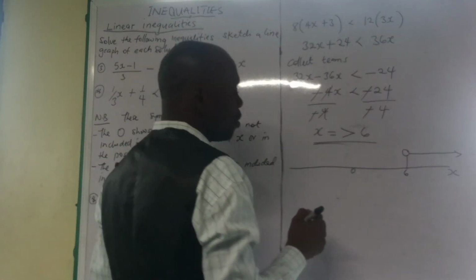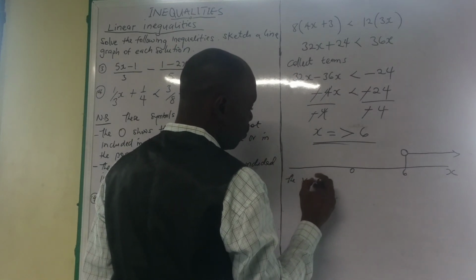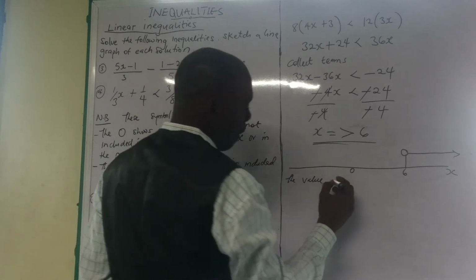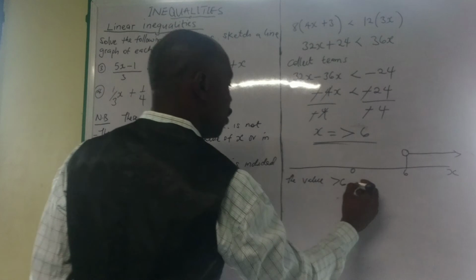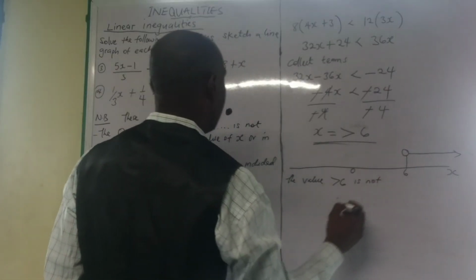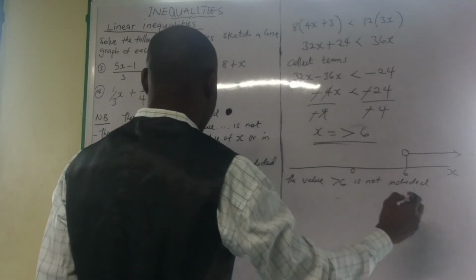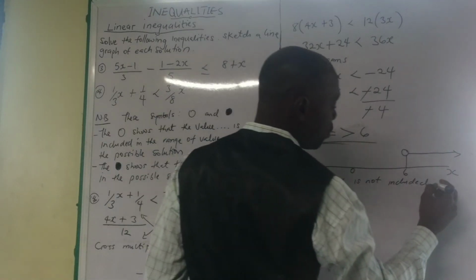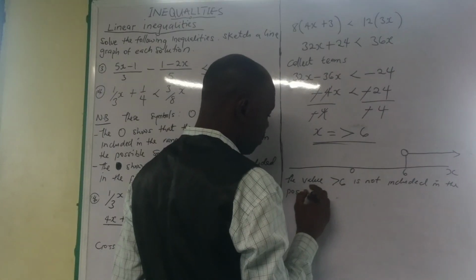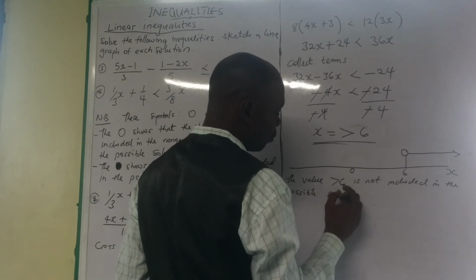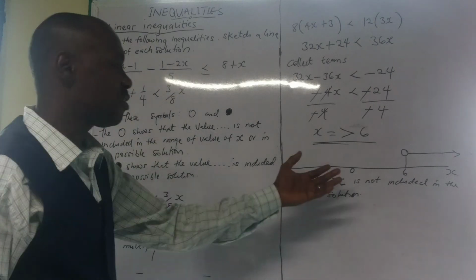So this shows that the values less than 6 are not included in the possible solution. So that's what the sign shows.